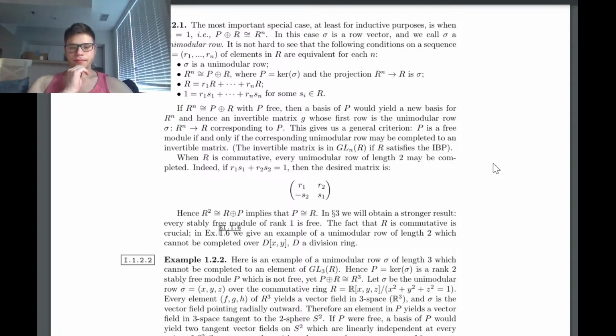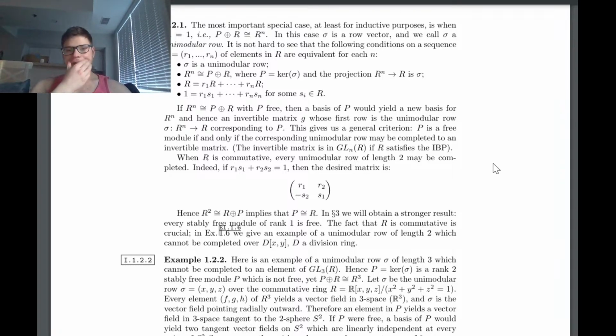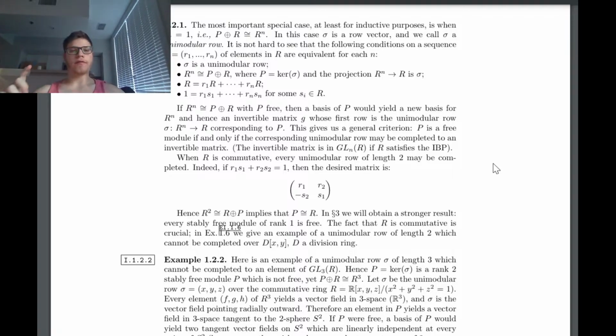The map R into R that corresponds to P is going to be just taking a row vector, multiplying it by the column vector. So if you want a map back to Rn, which is going to be a section, so if you project and then if you come back and then project, you want to get the identity.